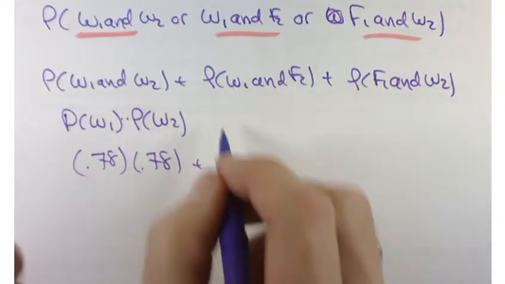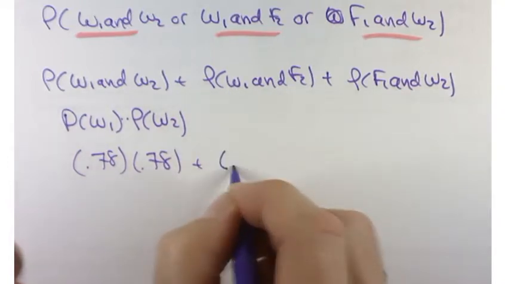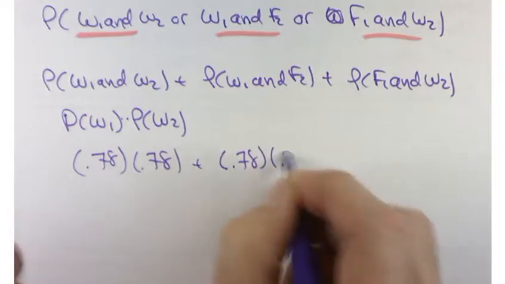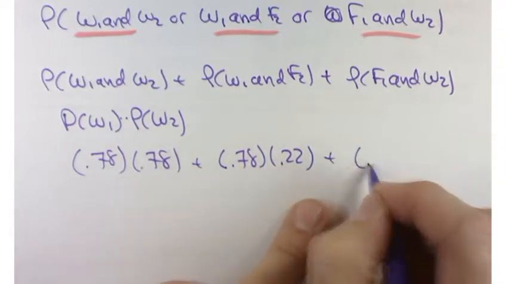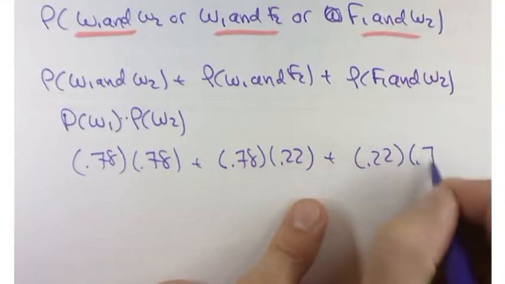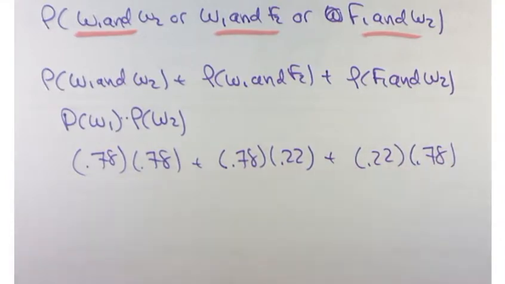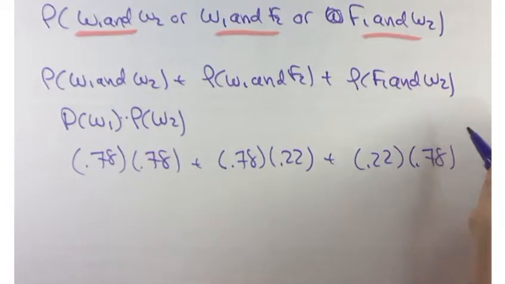Plus the probability, and I'm not going to write all of it. It's getting a little bit long as it is. Plus this probability. And then this last one would be 0.22 times 0.78. So theoretically, that should add up to exactly what we got. Okay. And if you did that, yeah, I'd give you credit, sure. But I'm thinking most people would probably want to do it the other way.